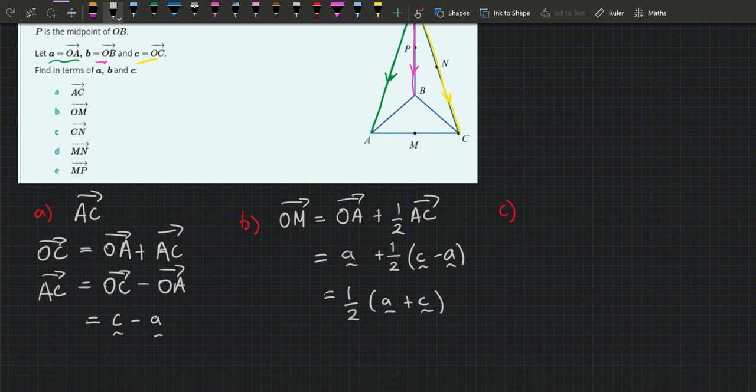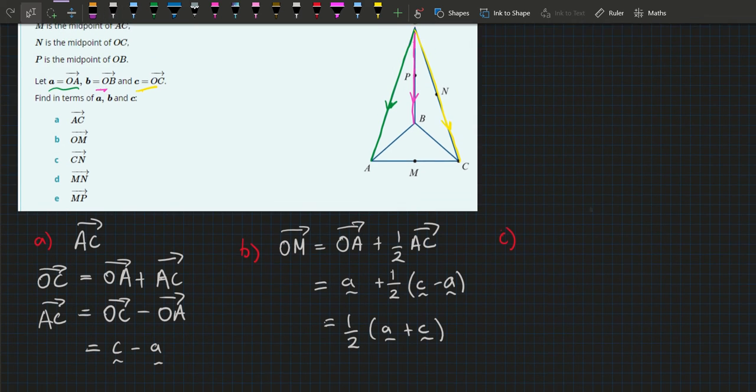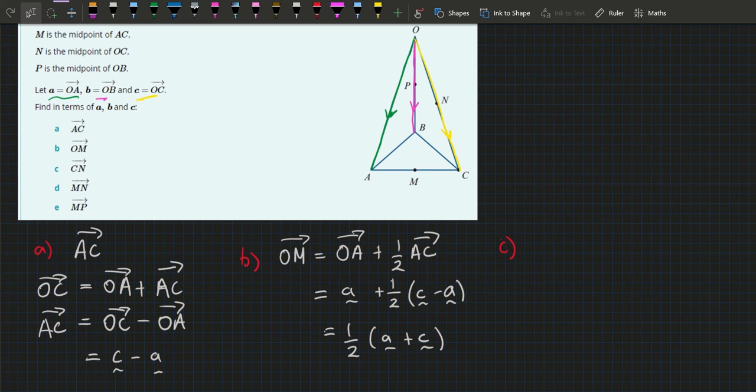Okay, C to N. So C to N is, well, actually, I can look at that as a half of C to O, which is minus O to C. So that equals minus a half times c.